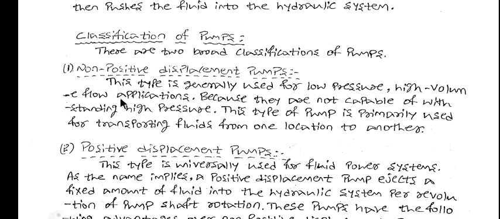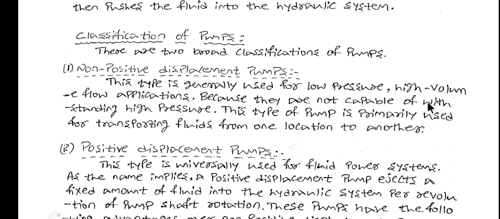The best example for non-positive displacement is centrifugal pump, which is used to lift water from the resource to the overhead tank, which we will be using in our home or in the agriculture field, where you are going to transport water from a river to the agriculture land.